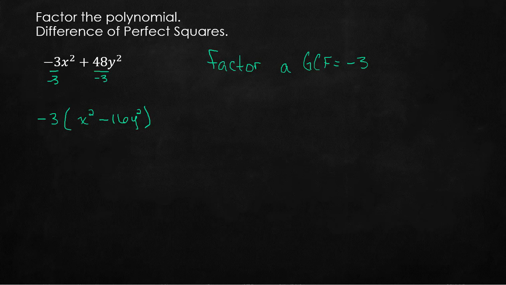All right, so to factor this, I'm going to take the square root of x squared, which is just x, and then the square root of 16y squared. So you ignore that negative or minus sign, and that's just 4y.